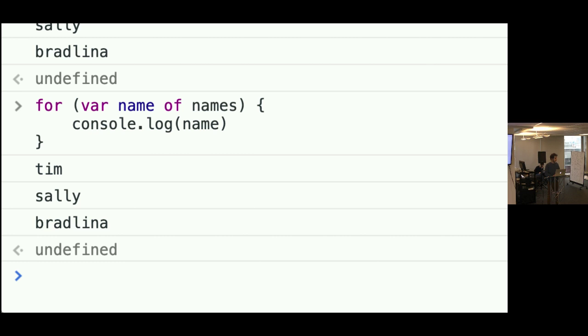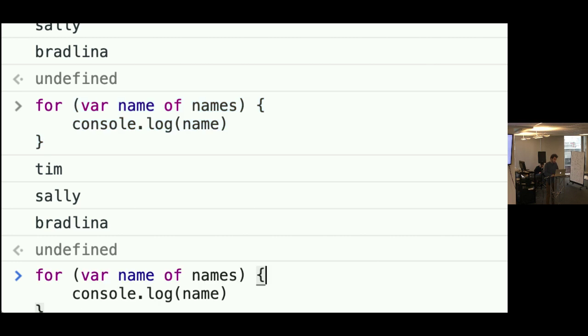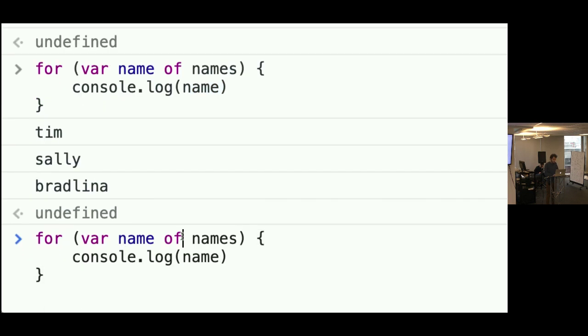Not mind-blowing, it's just cool. A new feature in JavaScript. You can now do this. The graybeards have been like, hey, people are looping over a lot of arrays and making a lot of index problems. Let's come up with a new way of expressing ourselves for that. Very similarly, there is a for in.